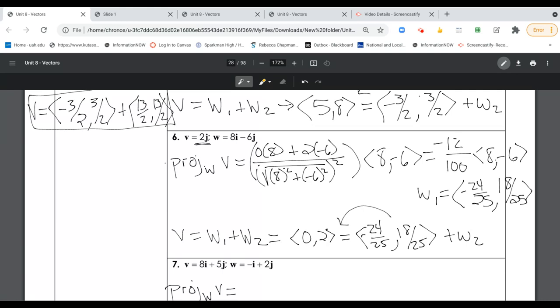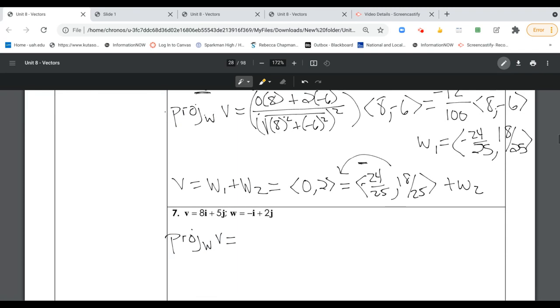When you move this over and subtract it, your vector 2, or W2, I should say, ends up being 24 over 25 and 32 over 25.